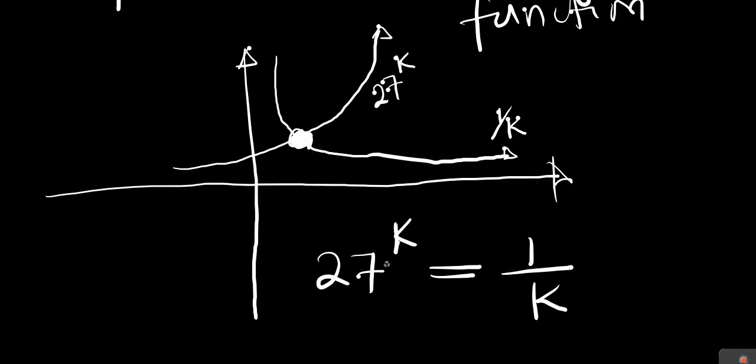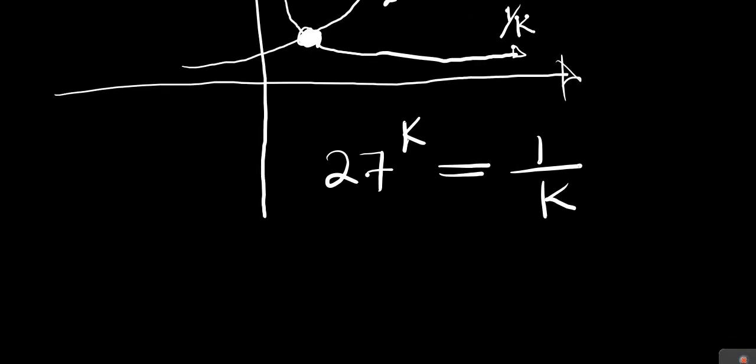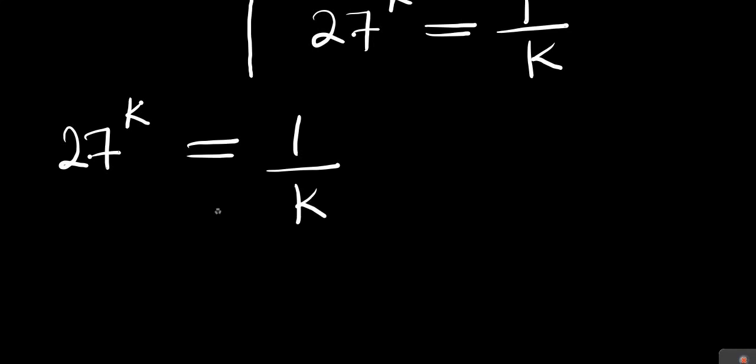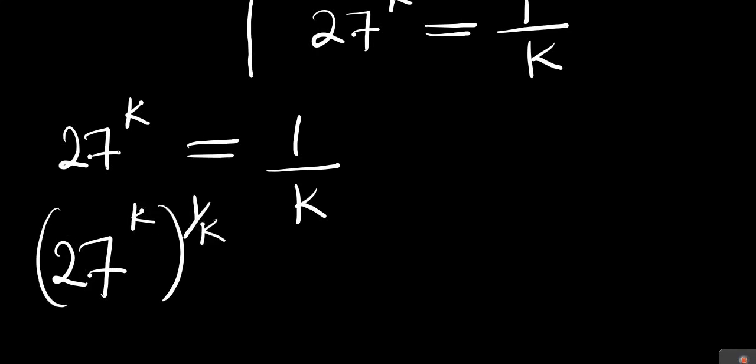Now, we are going to solve to find that one solution that this equation has. If you have 27 power k is equal to 1 divided by k, the simplest way of solving this equation is to eliminate this k. So I can decide to write it as 27 power k, all power 1 over k.